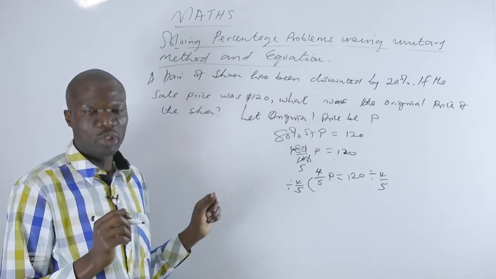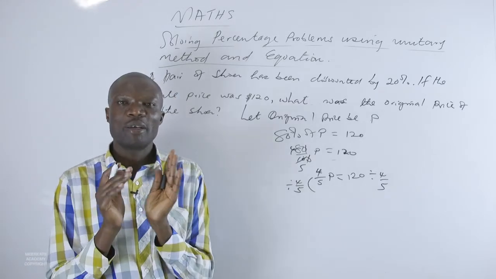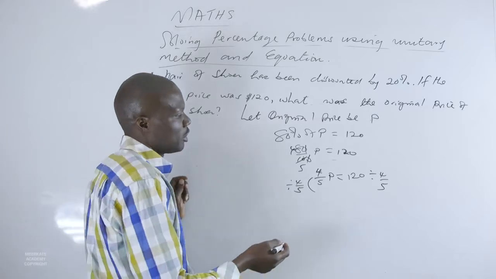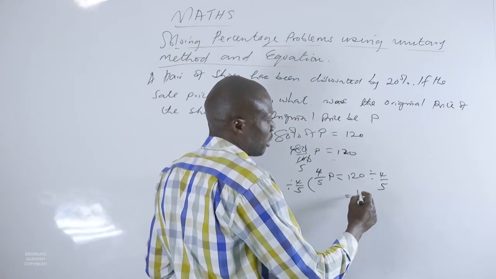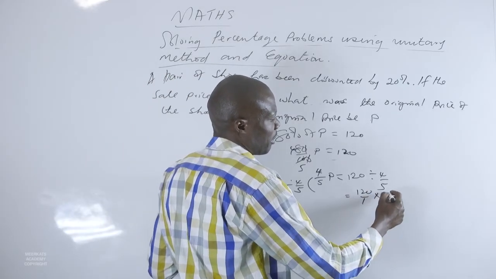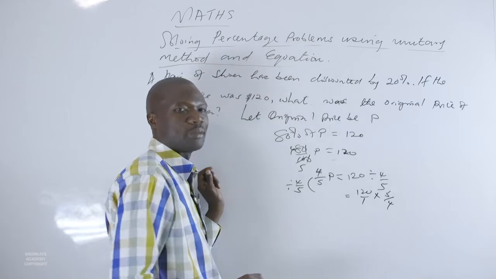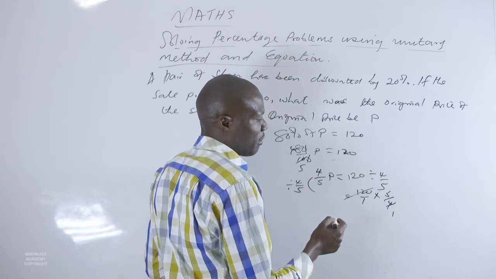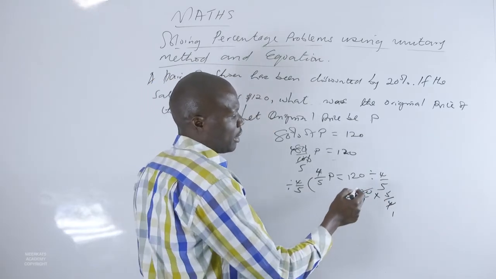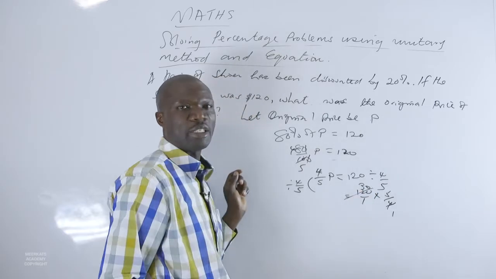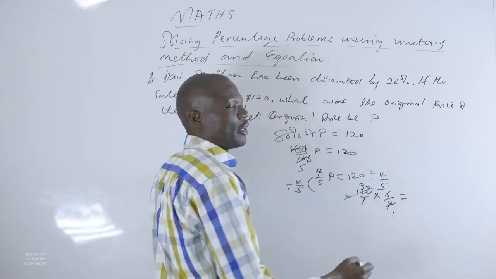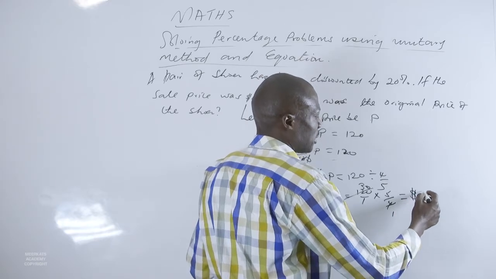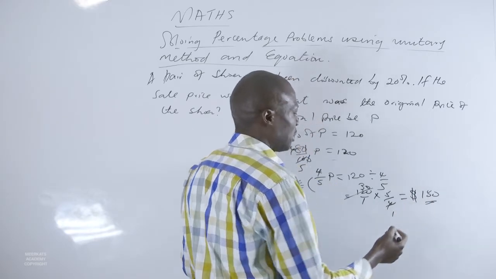In fractions, we say when you are dividing by a fraction, you multiply by the reciprocal. So this one will be 120 over 1 multiplied by 5 over 4. By 4 here is 1, and 120 divided by 4 here is 30. This is simplified to give us a total of $150.